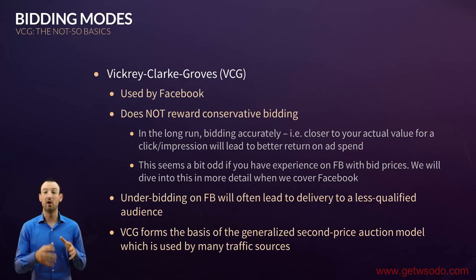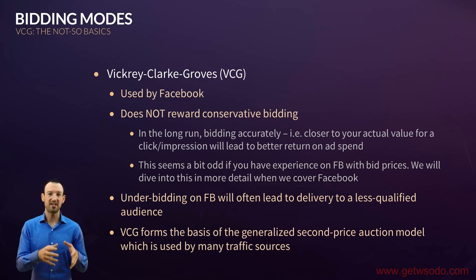If you underbid and try to bid safely, you will just get no traffic, and often it can even lead to delivery of lower quality traffic than if you were bidding higher. So on a system like Facebook with VCG, when you're first starting campaigns, it's generally better to bid higher so that you take the top impressions from everyone else. You're at the top of the pile in terms of winning impressions and getting the highest quality impressions.